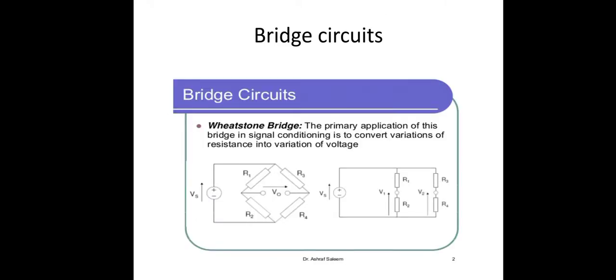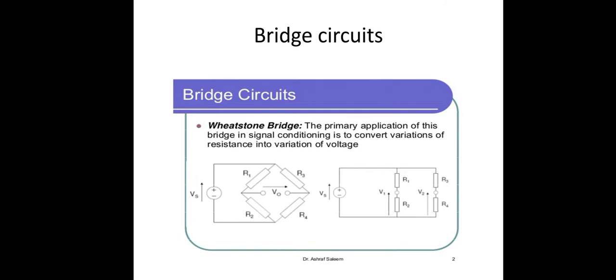Now, the first point is bridge circuits. Bridge circuits are used for various types of measurement, like resistance, capacitance and inductance. We have seen that many transducers convert a physical variable to resistance, capacitance, inductance or whatever.